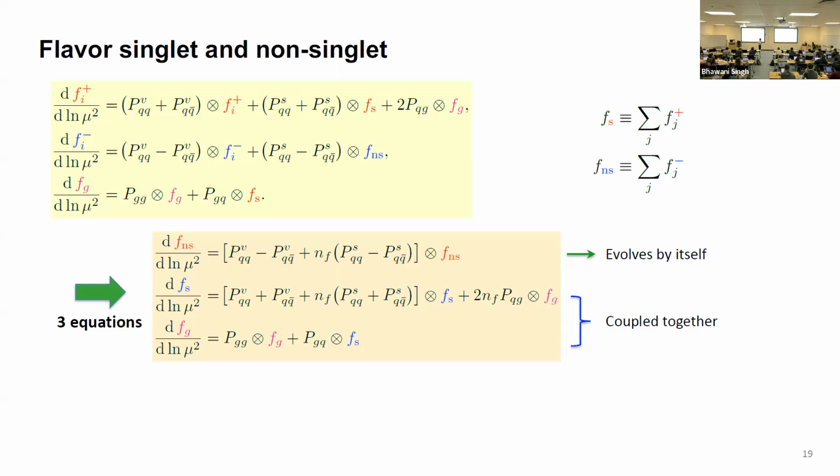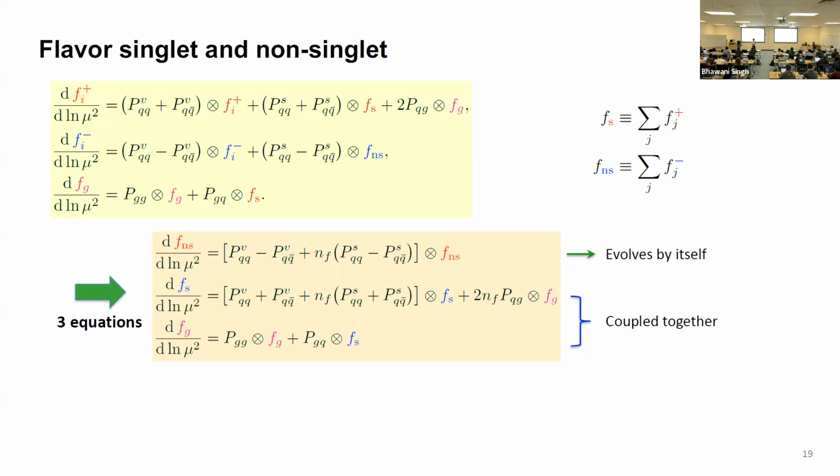So if you try to solve the equation, this can be directly solved. But the singlet and gluon mix with each other, but they only mix with each other. So this is the 2x2 mixing matrix, and this is a coupled equation. And this can also be solved if you first diagonalize the evolution equation and then solve by the eigenvectors.